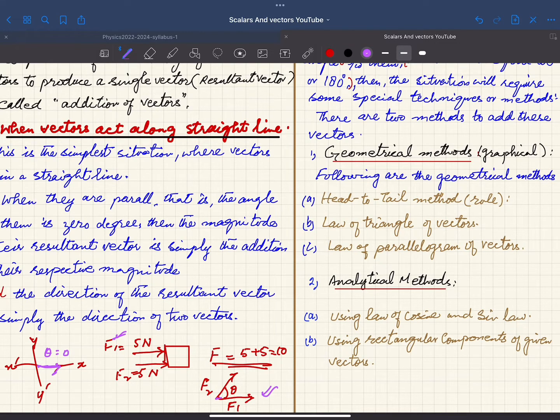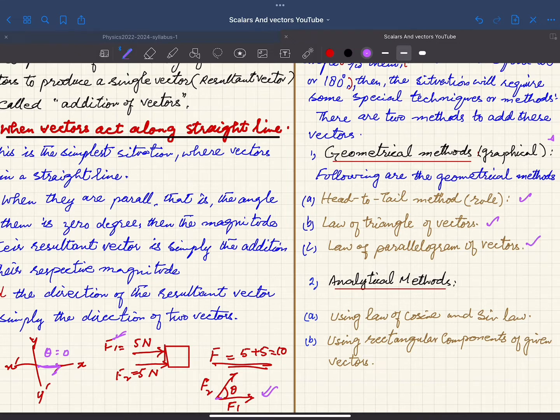There are basically two techniques we can use. One is the geometrical or graphical method, which has certain methods of its own: the head to tail method or rule, the law of triangle of vectors, and the law of parallelogram.